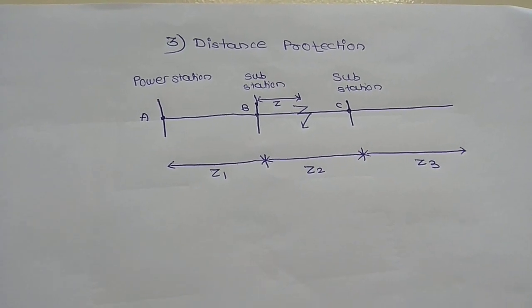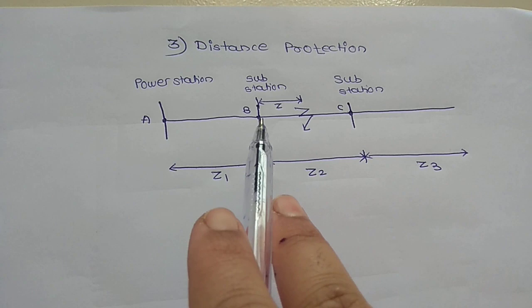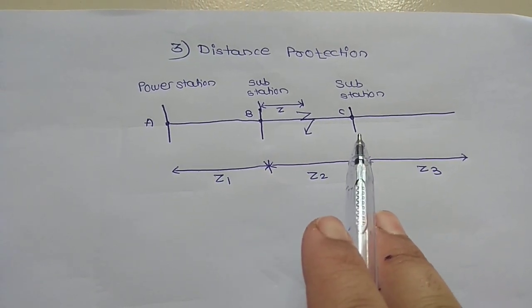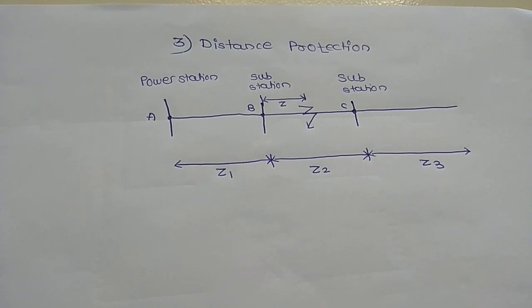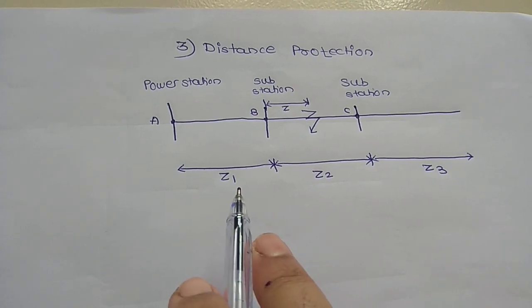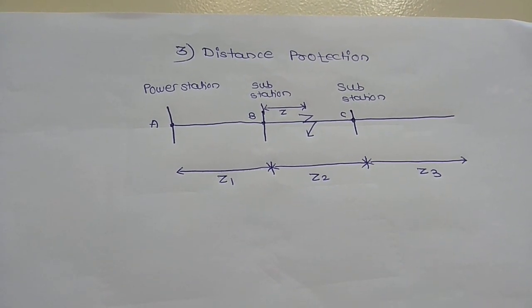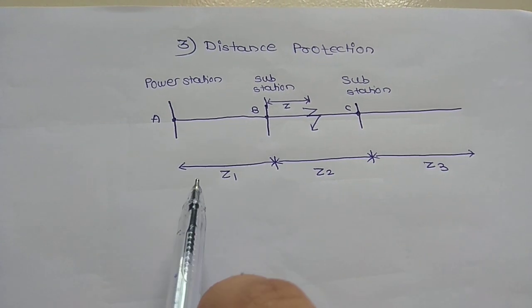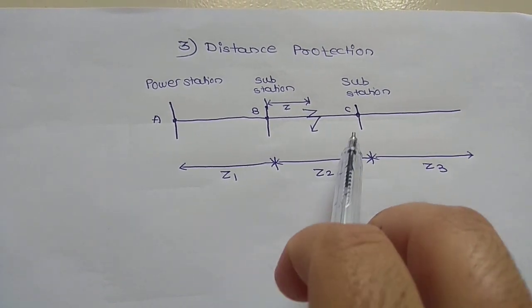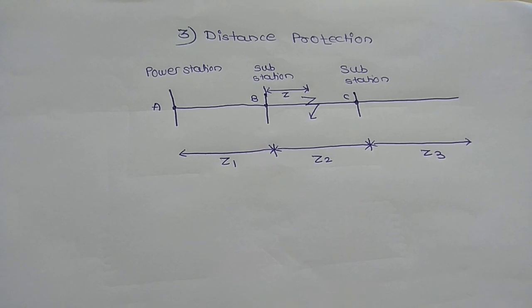Then the relays at A, B, C are set to operate for impedances Z1, Z2, Z3 respectively. That is, for relay A, Z1, for relay B, Z2, for relay C, Z3.